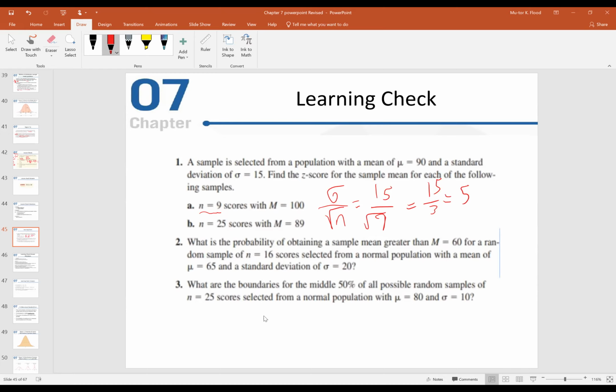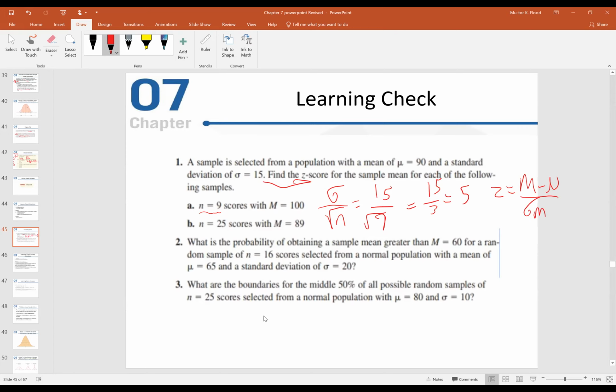All right, and now it's asking us to find the z-score. We already found the standard error, so now we can plug it into the z-score formula. So z equals the sample mean minus the population mean over the standard error of the mean.